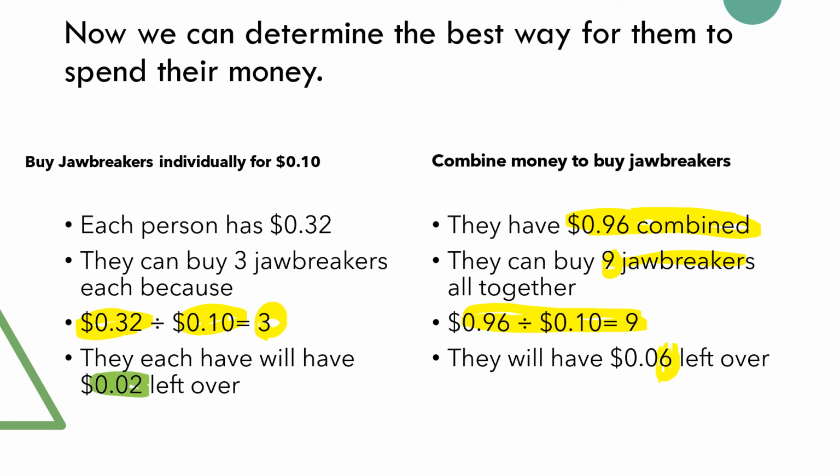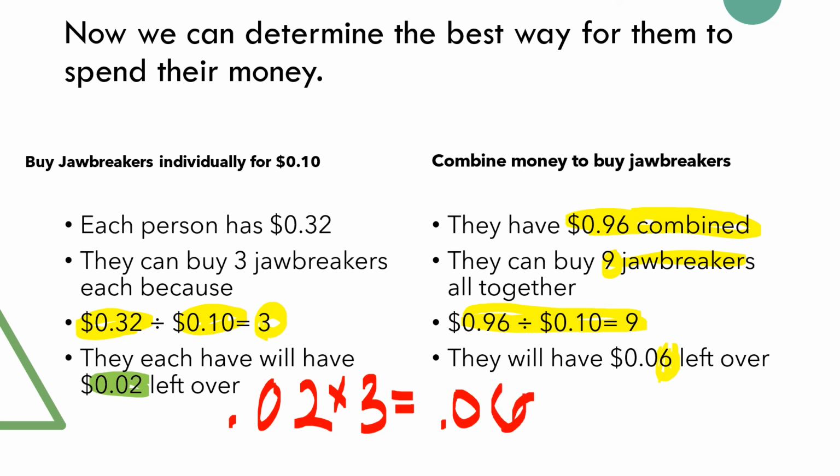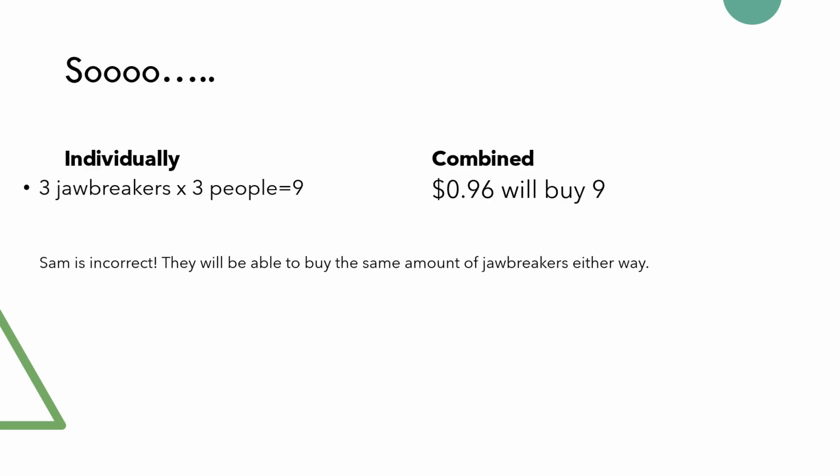I know this is accurate because if they each have 2 cents left over, 2 hundredths times 3 people equals 6 cents, which is the same as what they have left over here. So, individually, 3 jawbreakers times 3 people, 9 jawbreakers. Combined, 96 cents will buy 9. Sam is incorrect. They would be able to buy the same amount of jawbreakers either way.